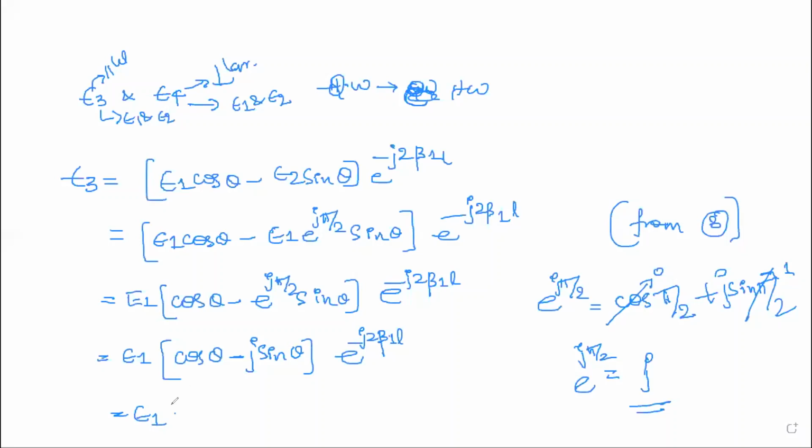So you can write E3 as e power minus j theta times e to the power minus j 2 beta 1 L times E1. This is the final equation of E3 in terms of E1.